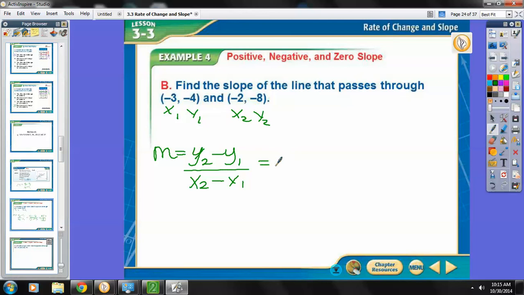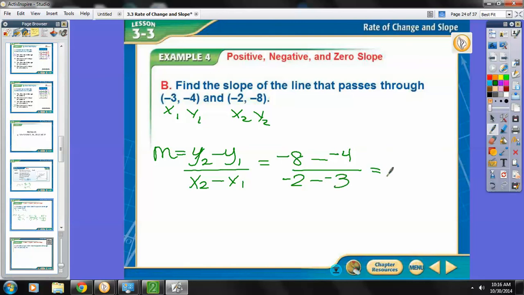Substitute into your formula. Y sub 2 is -8 minus y sub 1, which is really -4, not 4, divided by x sub 2, -2 minus x sub 1, -3.